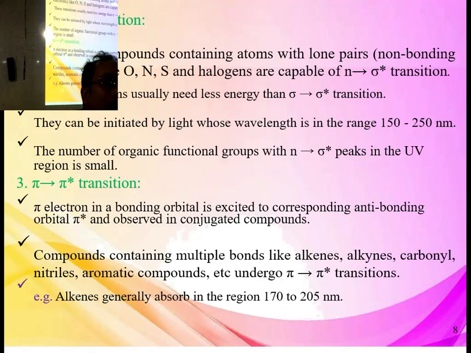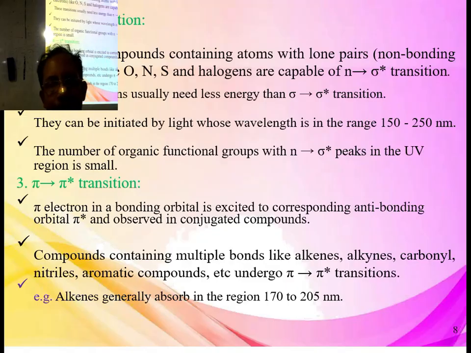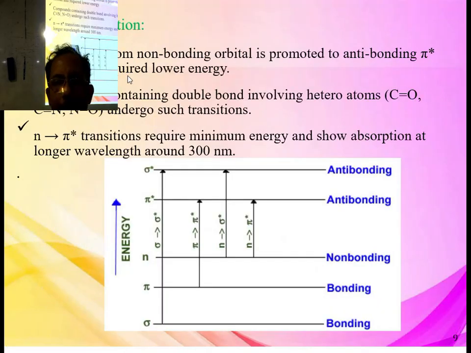Bonding is found to be symmetric for sigma, so sigma is G and sigma star is U, but pi is U, so pi star is G. So it is opposite symmetry. That's why there is absorption, but it's called a forbidden transition.